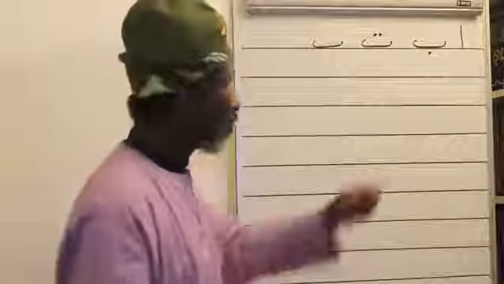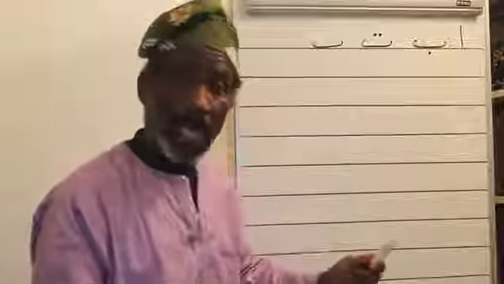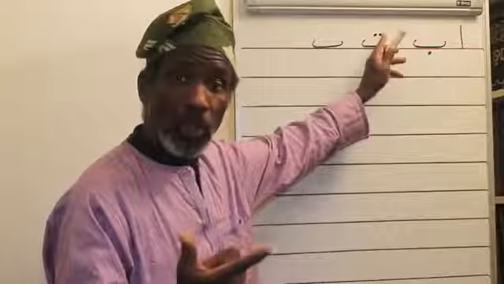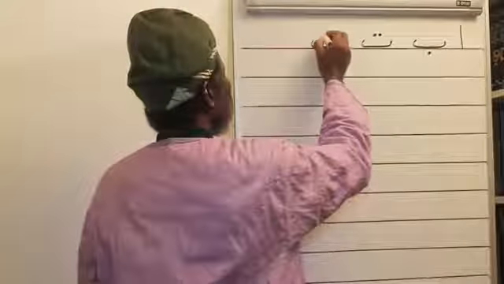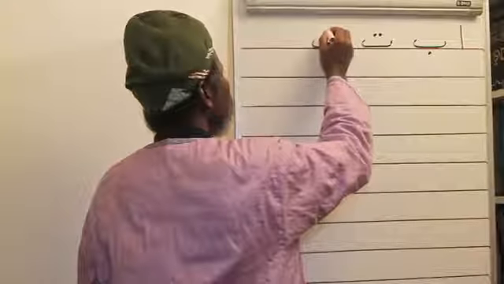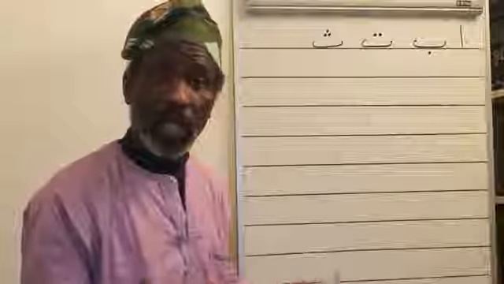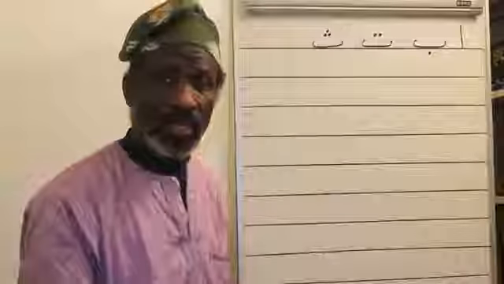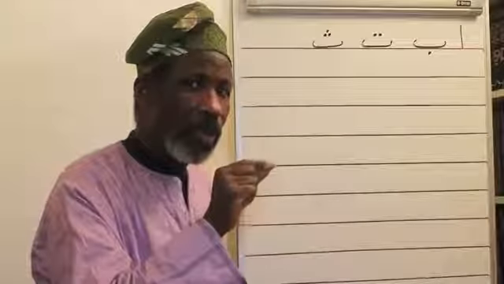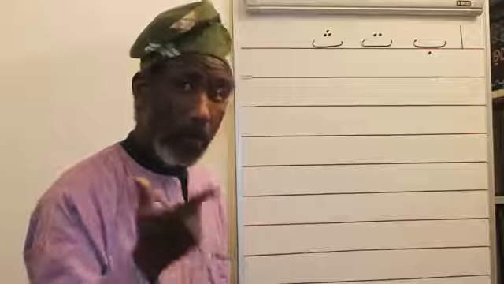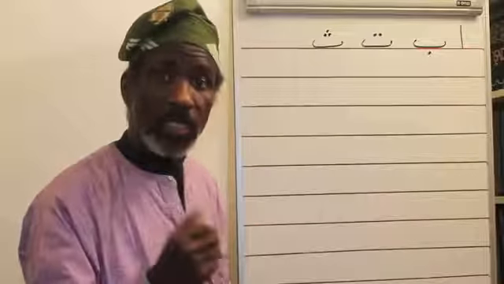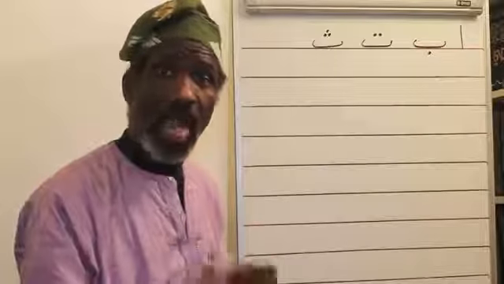So we have one below, Ba, two above, Ta. Let's put three dots: that's Tha. So the boat family: one dot below Ba, two above Ta, three Tha.